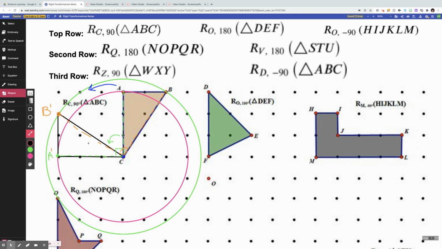You really only need the first circle, or maybe 2, so that you can see where one point goes, and then you can sketch what the shape will look like if you know where at least one of those points goes.